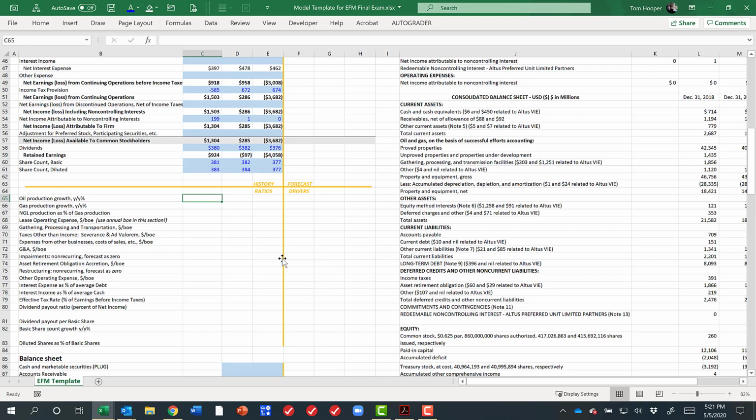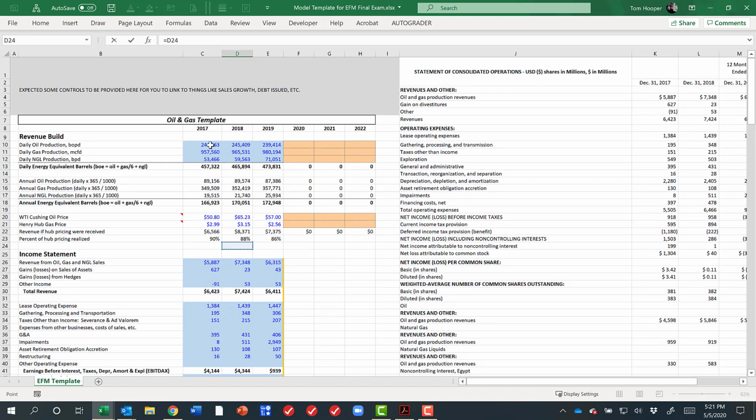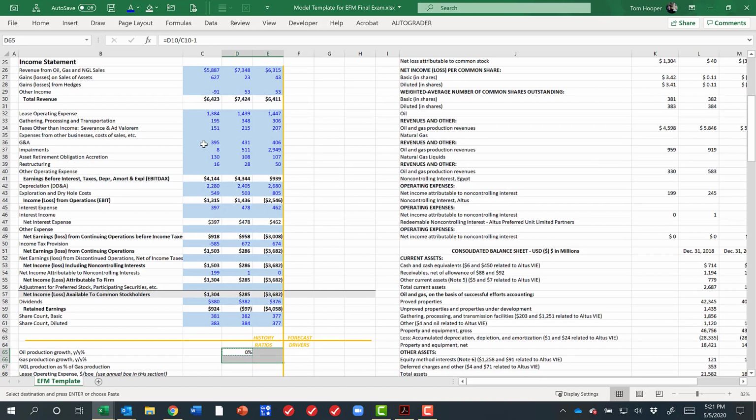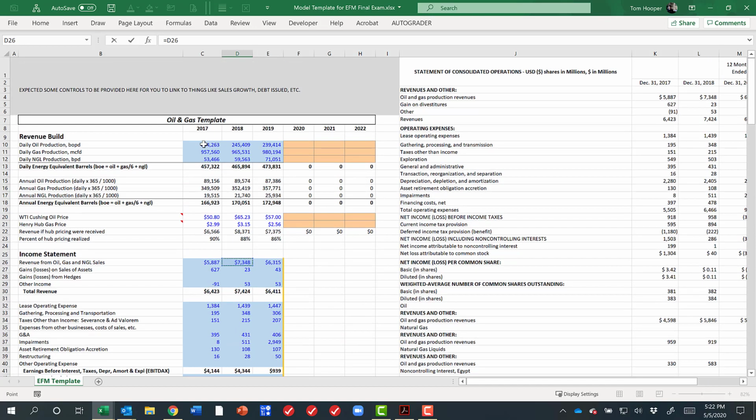So if you want to calculate your oil production year-on-year growth, copy that for gas, but for NGL, I'd recommend using that as a percentage of the gas stream, since natural gas liquids come out of the gas stream.